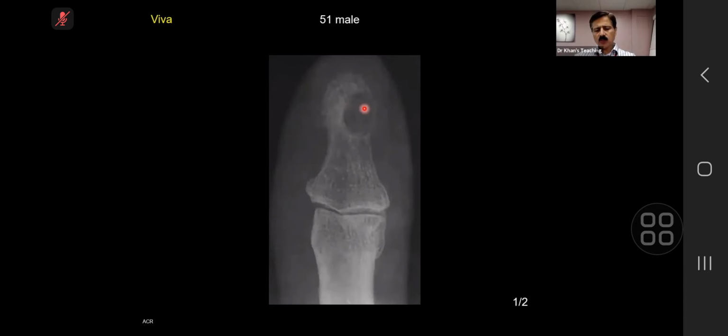But there is nothing inside, so don't worry about it. Okay, there's a breach of cortex here as well, so there's a fracture through it as well. Breach of cortex, okay, this was artifactual. There is no breach. Okay, please continue. So it's an eccentric lucent lesion with a sclerotic margin in the tuft of the phalanx, in the tuft of the finger or digit. Its appearance is benign.